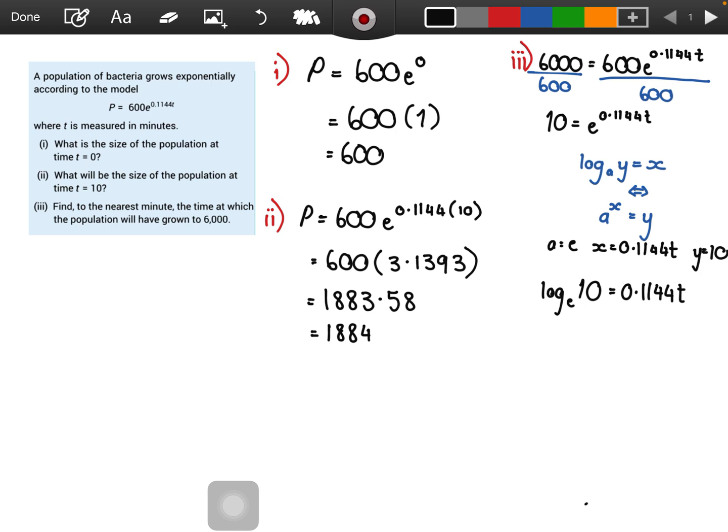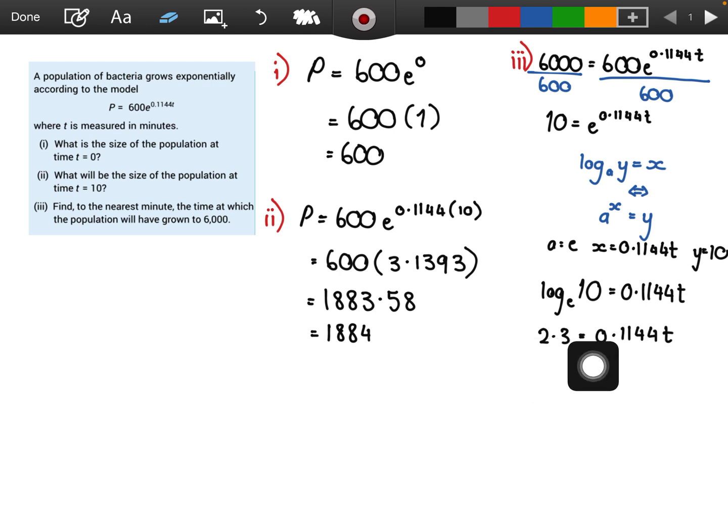And we get that the left hand side here is equal to 2.3, and it goes on and on. When I'm writing down 2.3, I'm actually leaving the rest of the number on my calculator, so that even though I haven't written out 10 numbers after the decimal place, my calculator still knows what those numbers are.